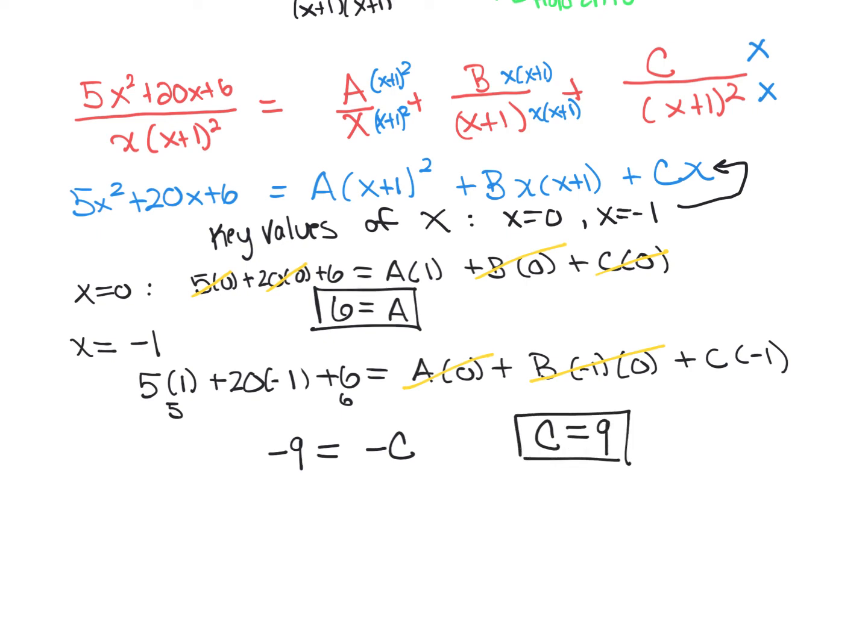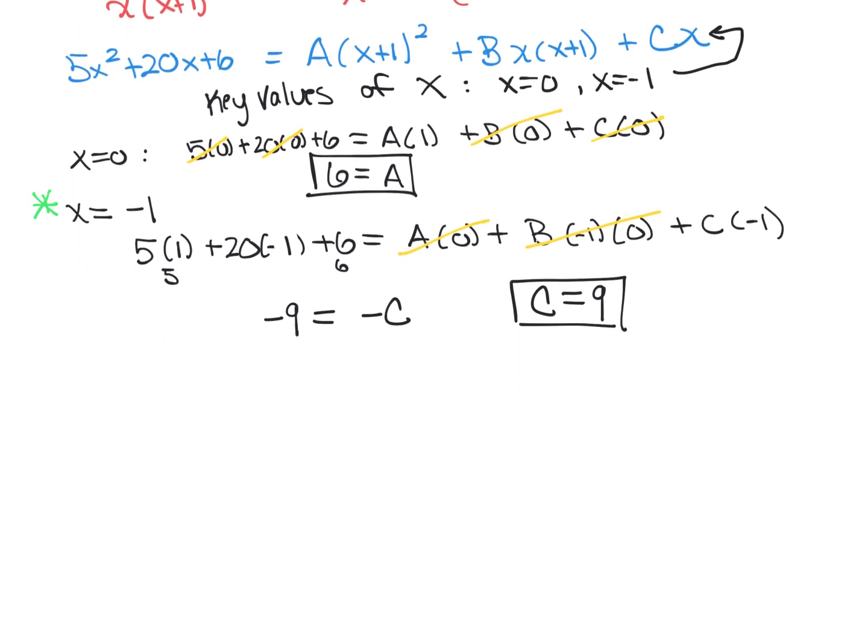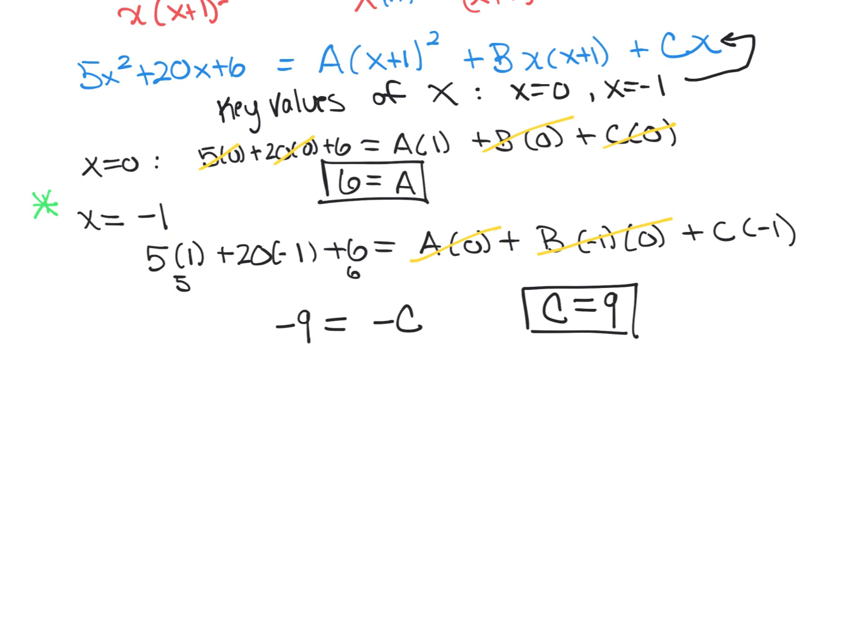I don't know b though, and I've exhausted all my key values of x. So at this point, what we do is we pick any number for x we want, because this equation, that blue thing that I wrote right here, should hold true for all values of x. So we're going to pick any value we want for x, and we have to plug in our other key values that we found.